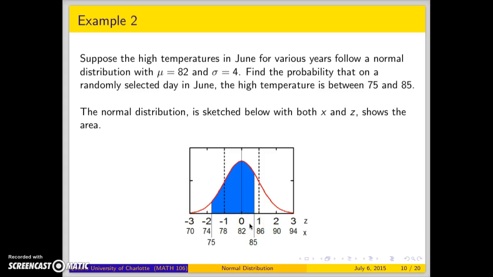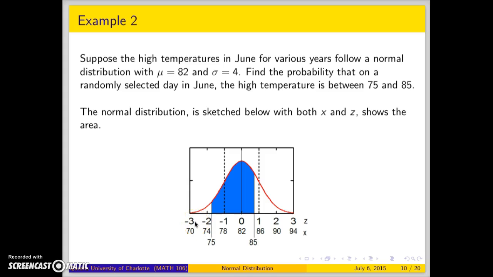Well, if we look at that on our graph with the z's and the x's, we've got a mean of 82 with a z of 0, and then one standard deviation above, which is 4 above 82, is 86, and then 2 standard deviations above, and then 3 standard deviations above, 1 standard deviation below, 2 standard deviations below, and 3 standard deviations below.